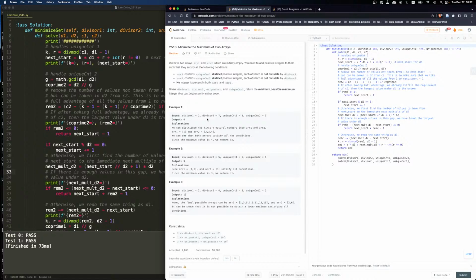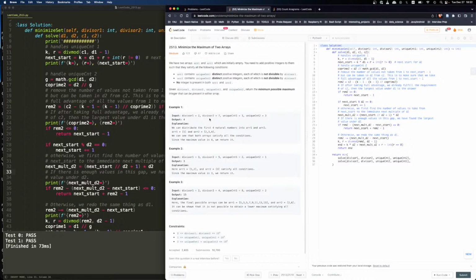We take out all the values that cannot be used, the multiples of divisor 1 and multiples of divisor 2, and the remaining values can all be used.